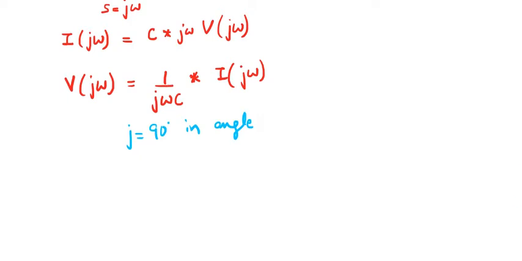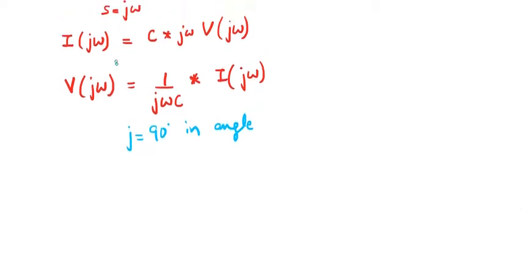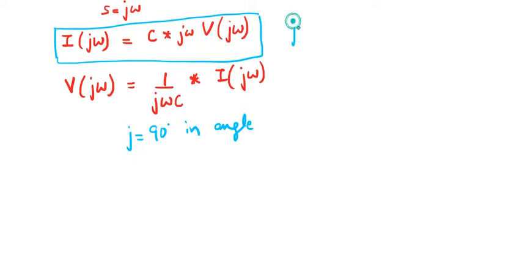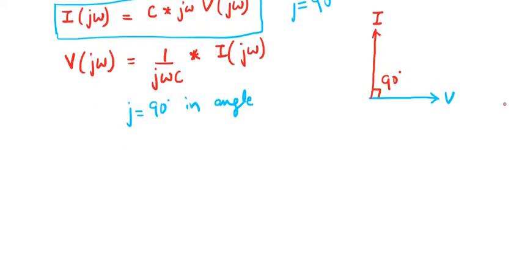That means when we take voltage as the base quantity, then the current is 90 degree ahead of the voltage. From this equation we can see that when we take voltage as the base, then current is 90 degree ahead of voltage. This is the phase difference of 90 degree between voltage and current.